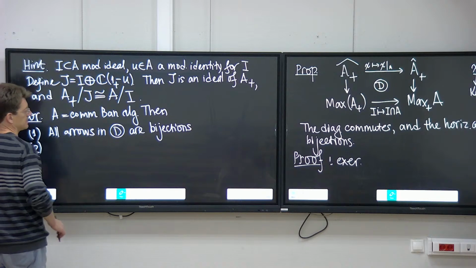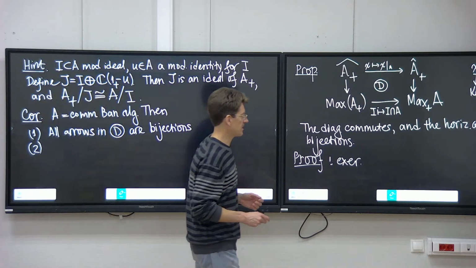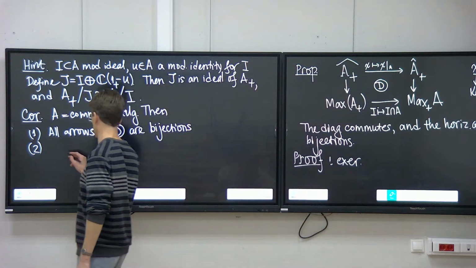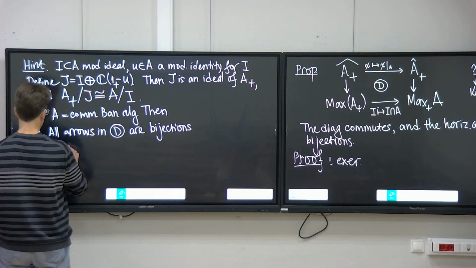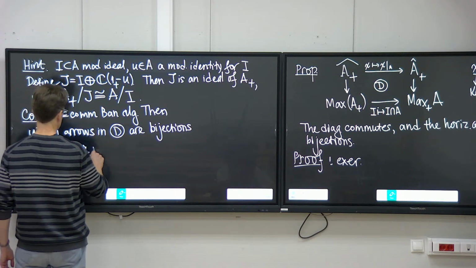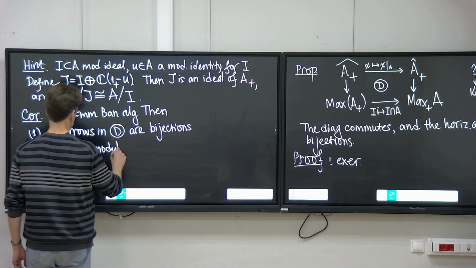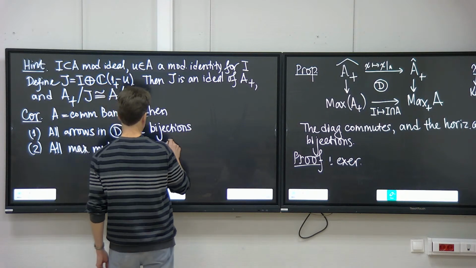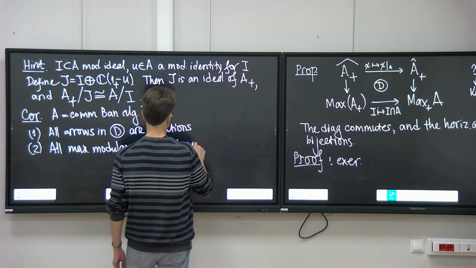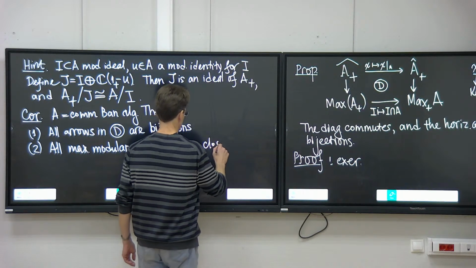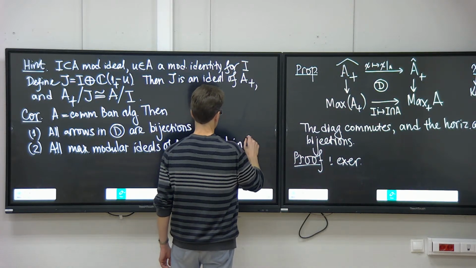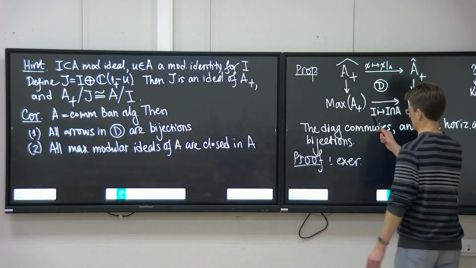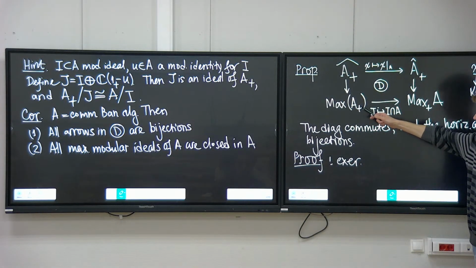Second corollary is that all maximal modular ideals of A are closed in A. Well, indeed, we know that all maximal ideals of A plus are closed in A plus.